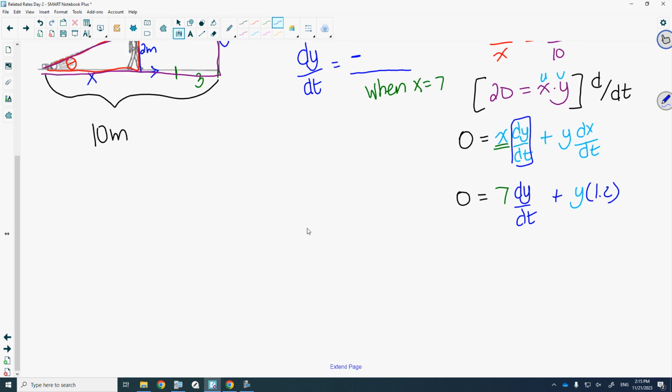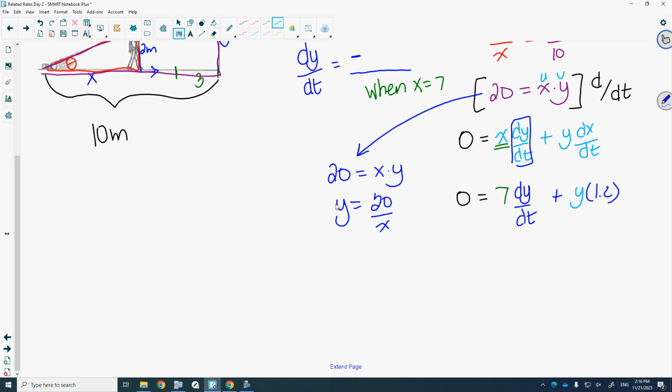Okay, so the first couple times you do these shadow questions, you're going to say to yourself, I'm doing something wrong because I can't have two unknowns. You could actually figure out what y is based on this equation here. So you had 20 is equal to x times y. Shayla, what would y be equal to? Yep, y is equal to 20 over x.